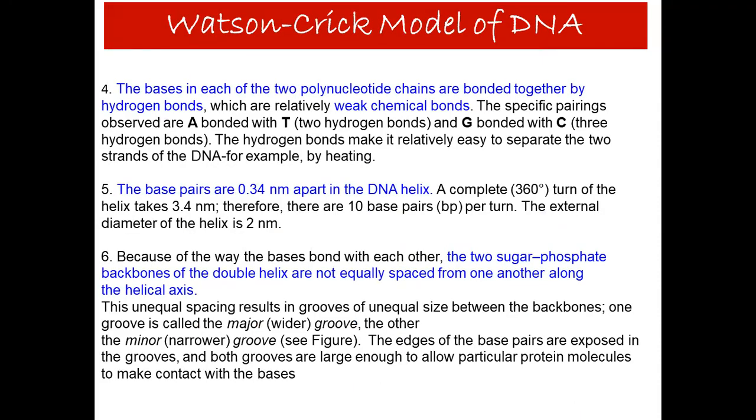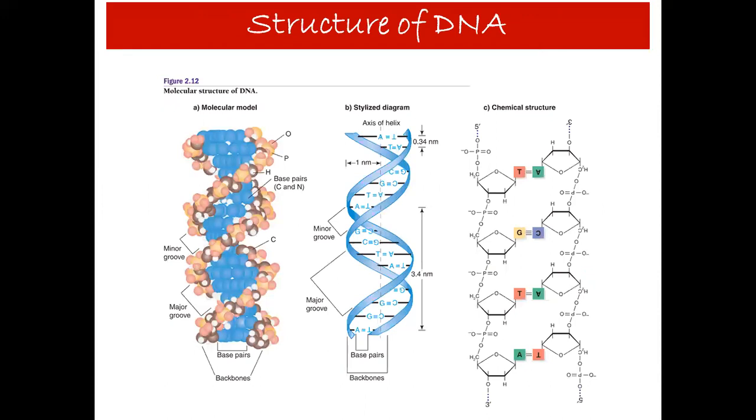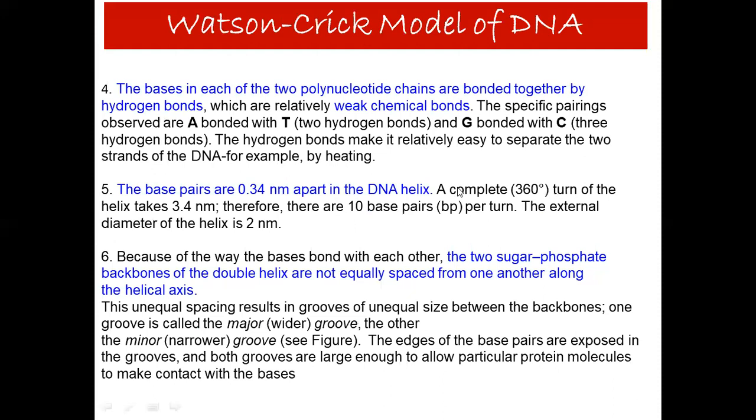Now you can see that the base pairs are 0.34 nanometer apart in the DNA helix. That means here you can see in this figure that the distance between two consecutive base pairs is 0.34 nanometer. And a complete turn, that means a 360-degree turn of the helix, takes 3.4 nanometer.